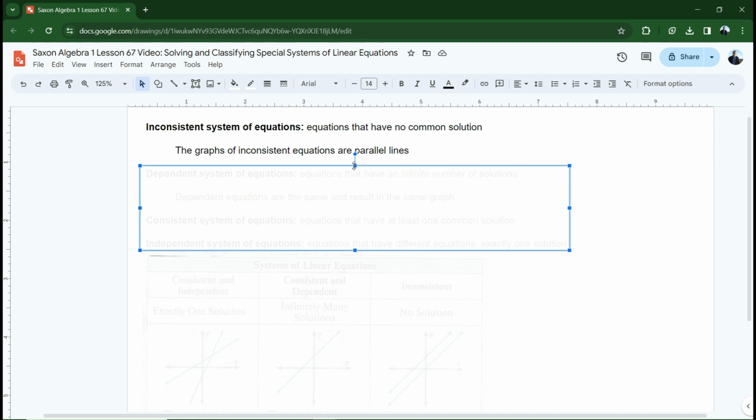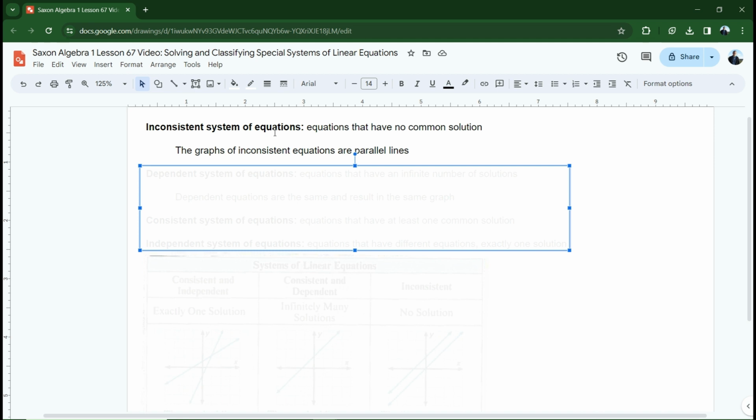Now, if you ever graph two lines from a system of equations and those two lines cross one another, the point at which they cross should be the solution to both equations, the xy coordinate that solves both equations. To have an inconsistent system of equations means that the graphs must never cross one another.